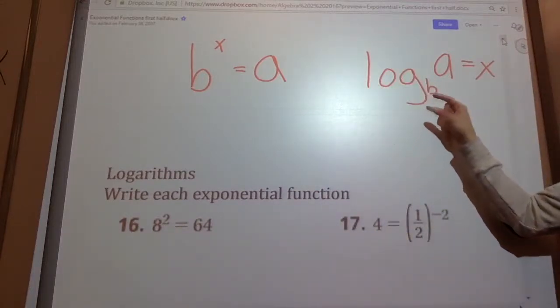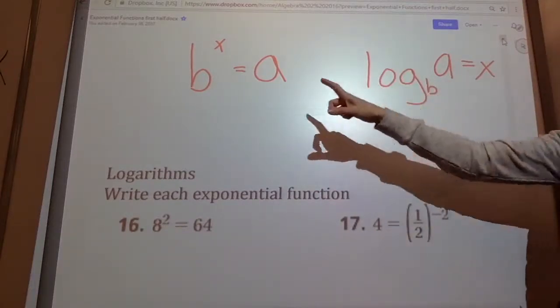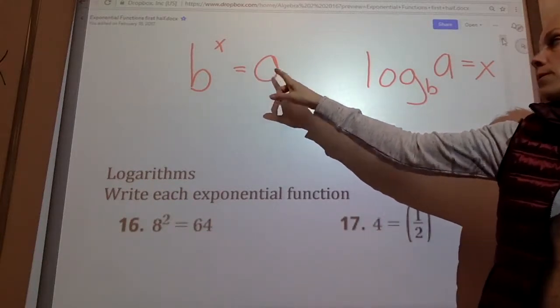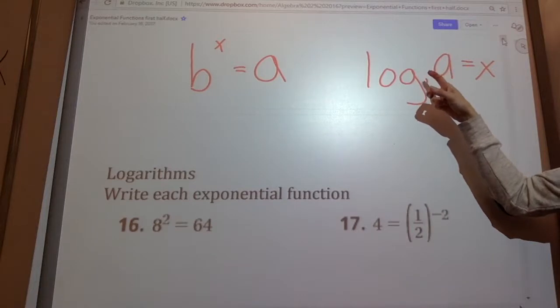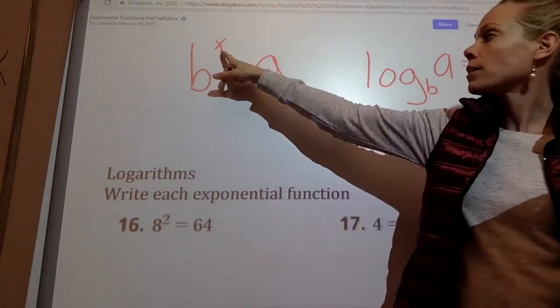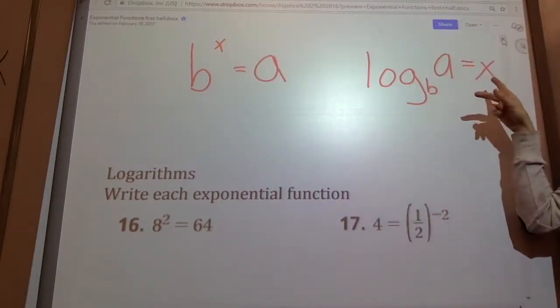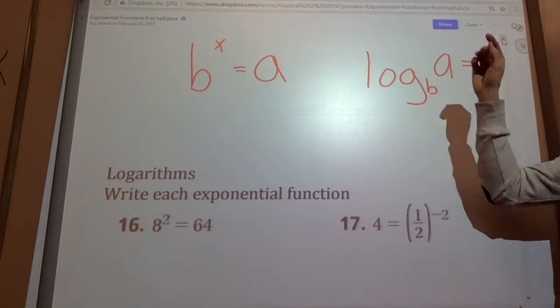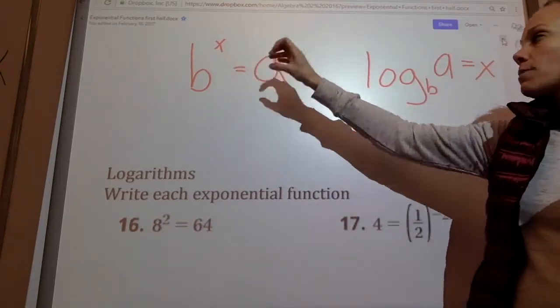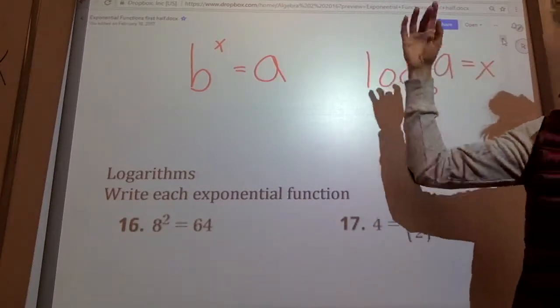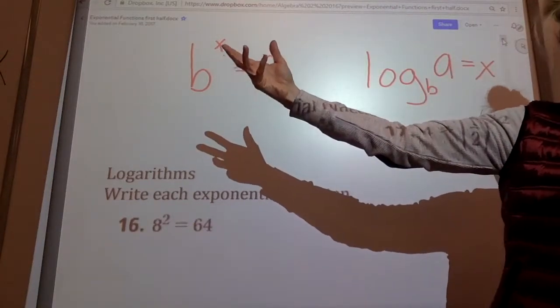It's a subscript. It's a small number. The answer of the exponent is what the log is a base of. And then the exponent is then what the log equals. So we'll be using this property, and we're going to practice how to put exponential into log, log into exponential form. We're just going to practice that.